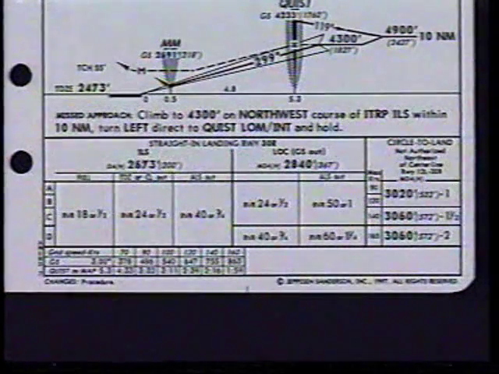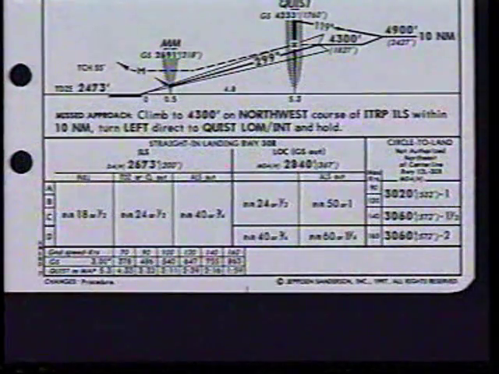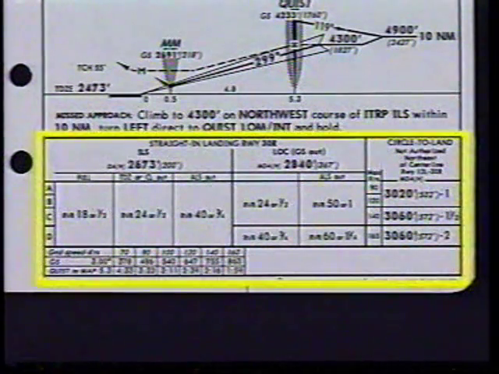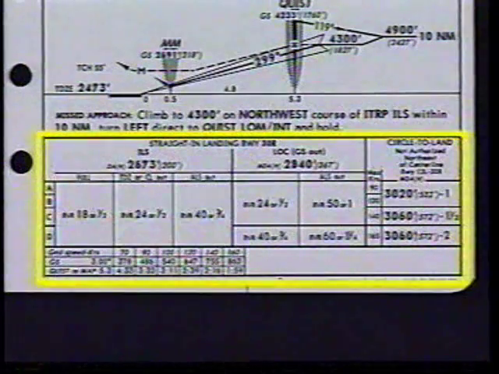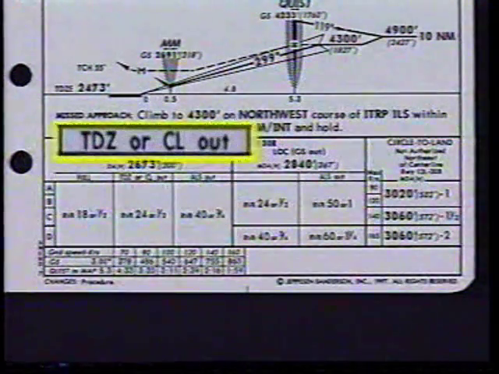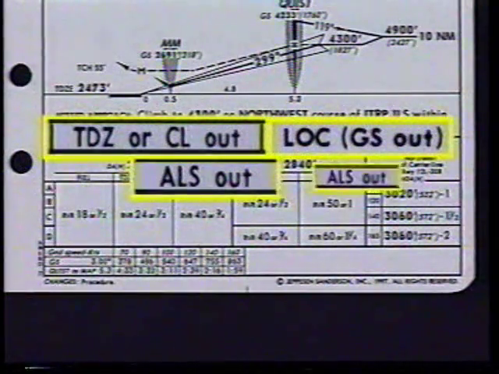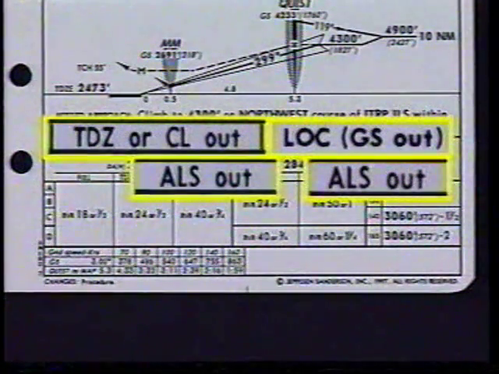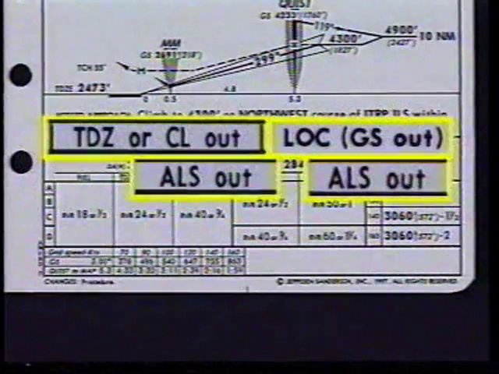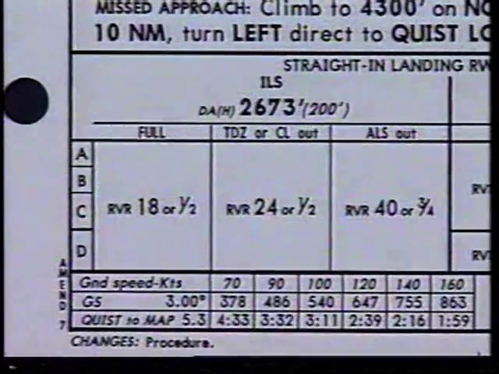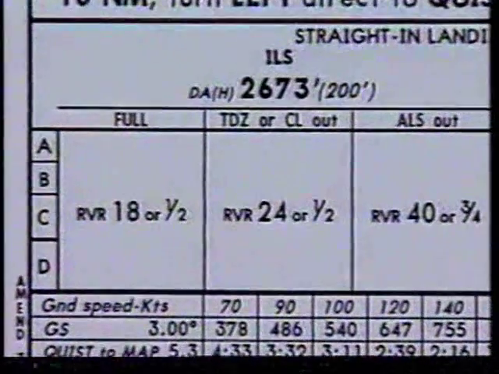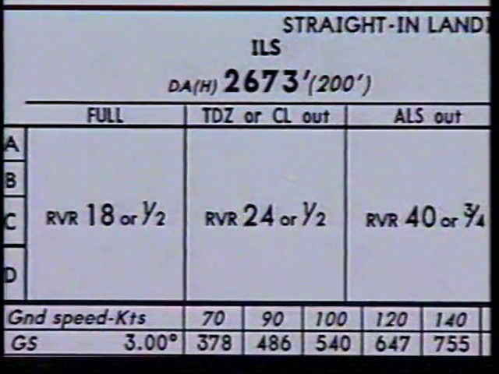Now it's time to discuss the last and one of the most important sections on the approach chart, the landing minimums. Landing minimums usually increase when a required component or visual aid becomes inoperative. Jeppesen presents this information in a logical sequence. For instance, the lowest minimums are located on the left side of the box.